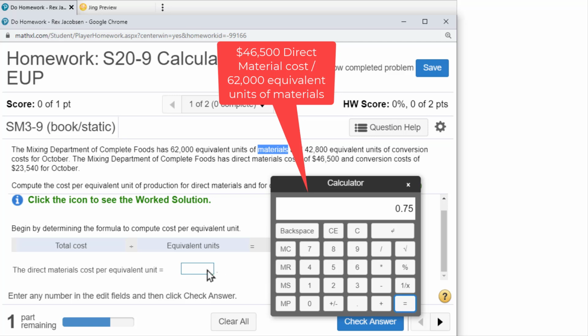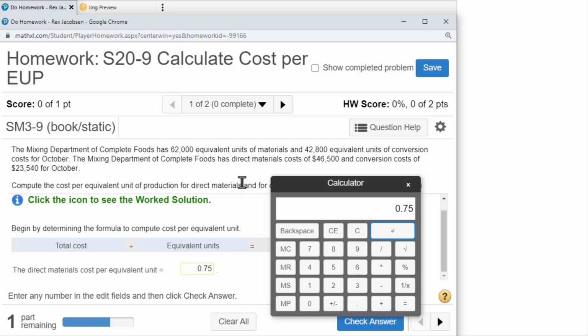Gives us 75 cents of direct materials per, and what is it we're working on? Mixing department, some type of food product.